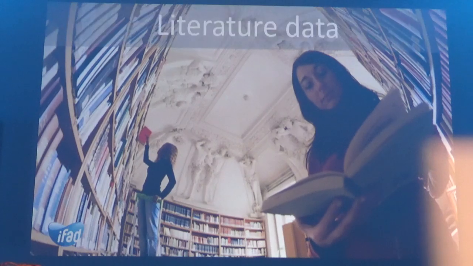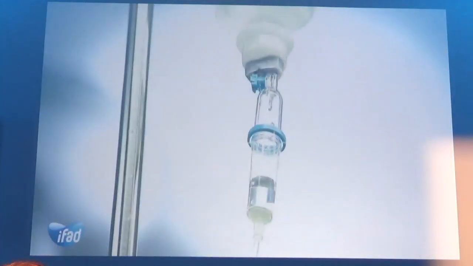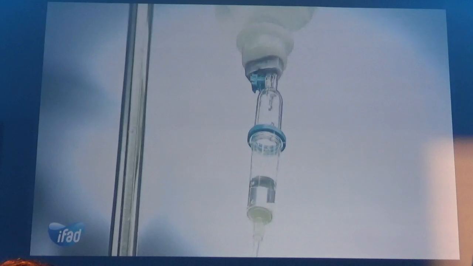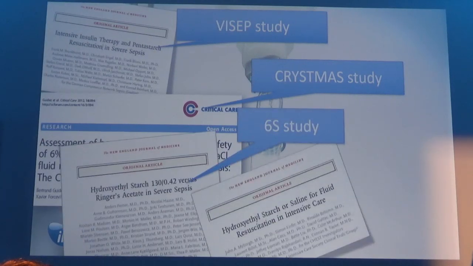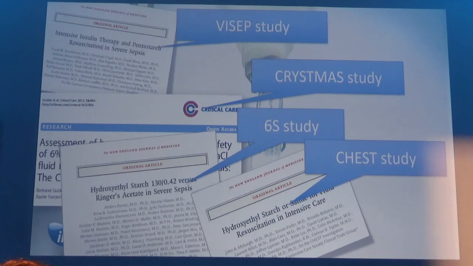So what does the literature tell us about fluids in general and fluid stewardship? Let's go back to the early trials, starting with the VISEP study, I think it was around 2001, followed by a couple of other big trials, and the first Fluid Academy being in 2011, so it was before these big trials.